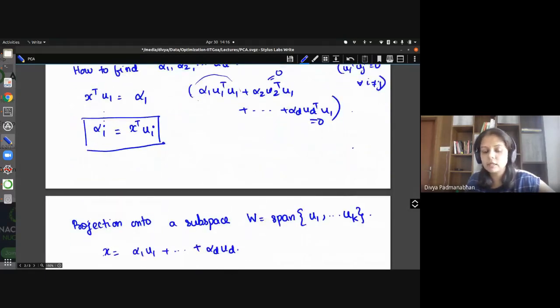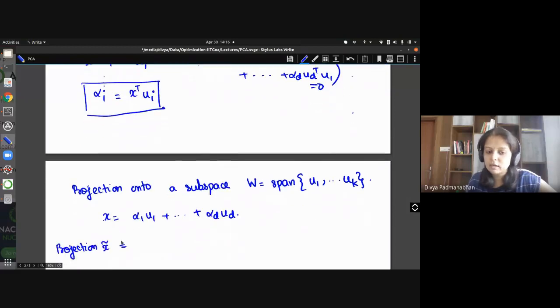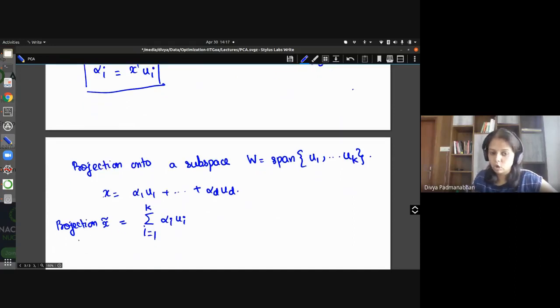Then x is alpha 1 u1 plus so on up to alpha d ud, where the alpha i's were computed in the manner we just saw. The projection x tilde is just going to be the summation of alpha i ui, where i is equal to 1 to k. This is the projection onto W.